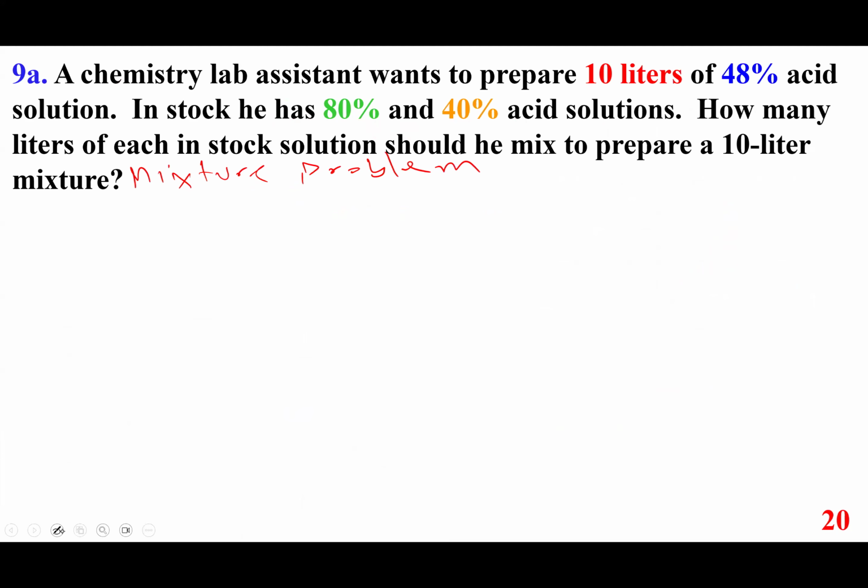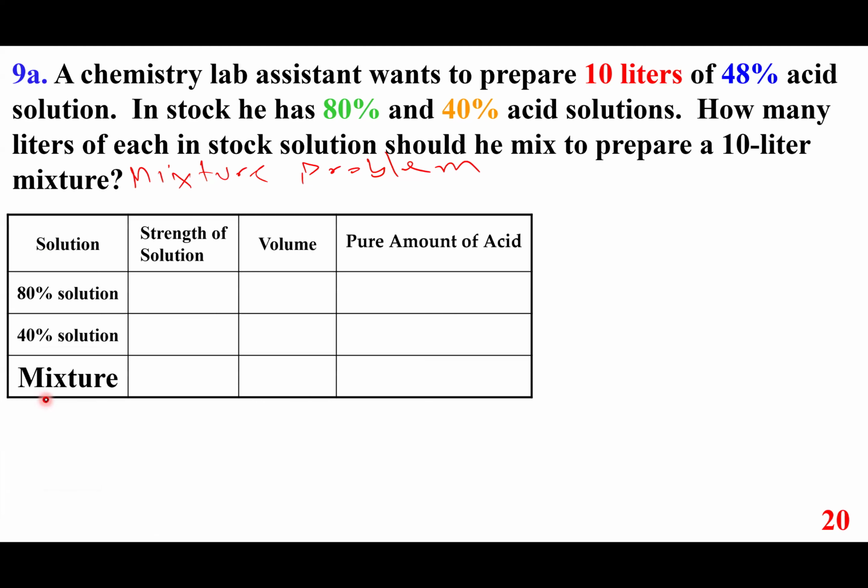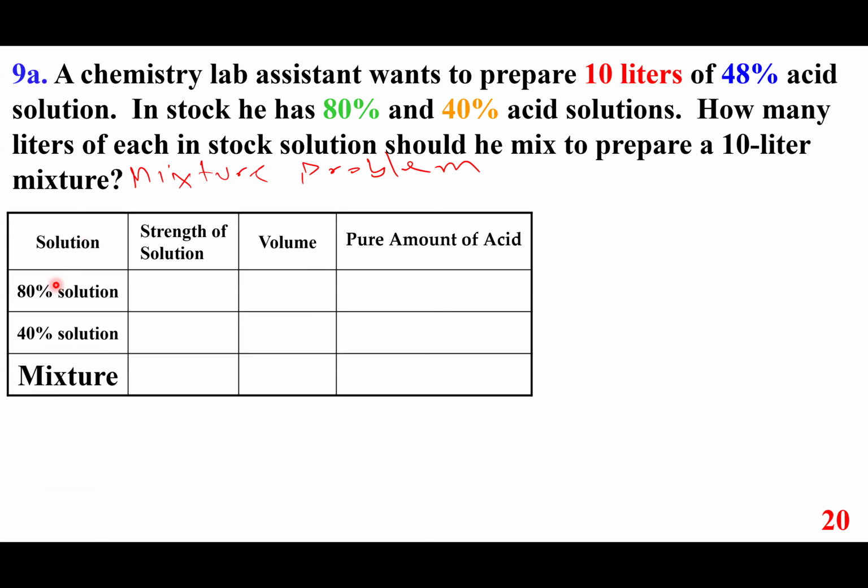We have solved questions like this now in the form of a system. So you have to set up a table like this. The solution is 80%, 40%. Here's the mixture, the strength, volume, pure amount, or the actual amount of whatever, in this case, acid, okay? So we just put the numbers that we have here.